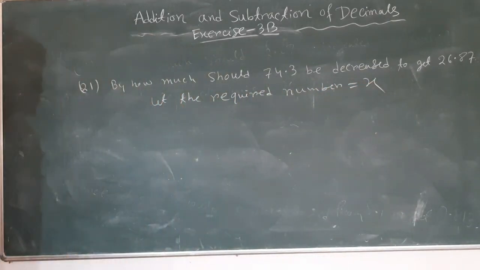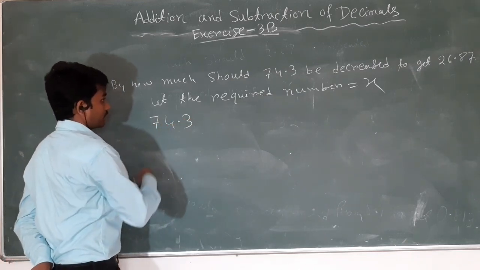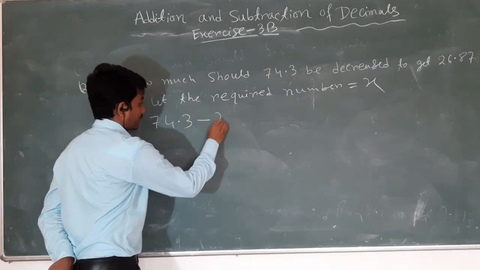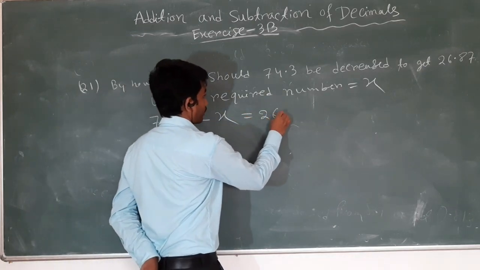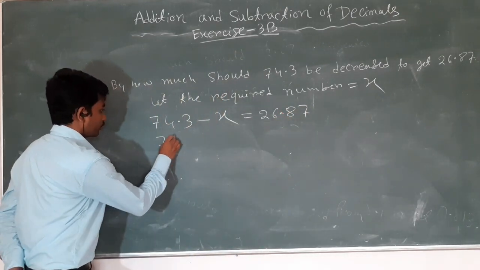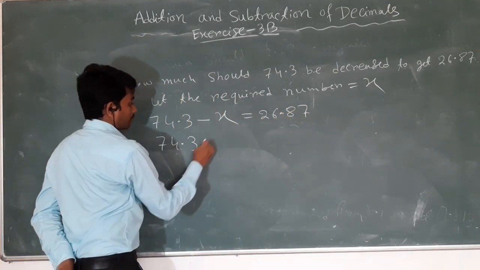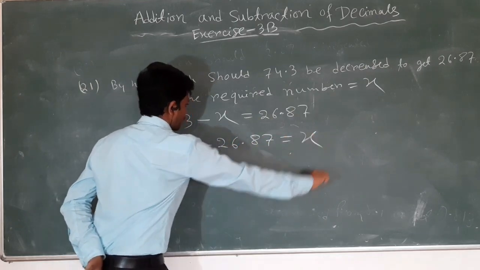So 74.3 decreased by x to get 26.87. So 74.3 minus 26.87 is equal to x.